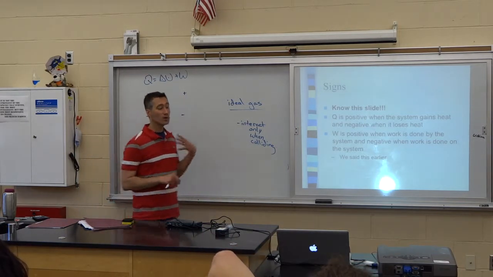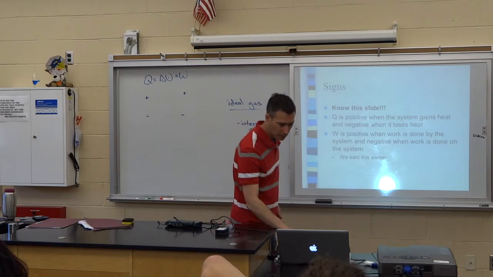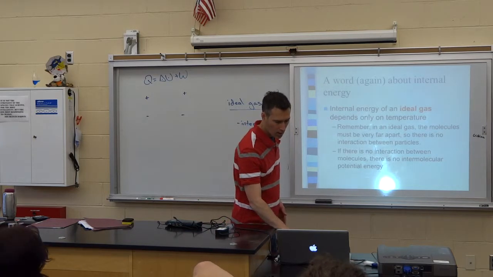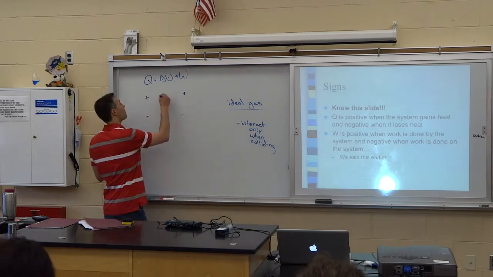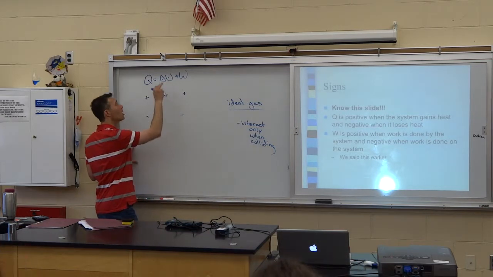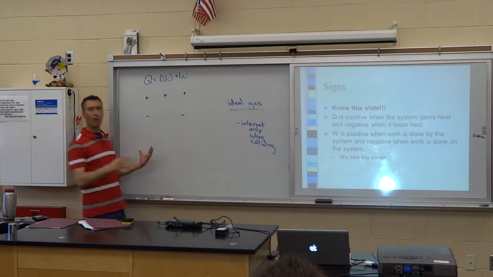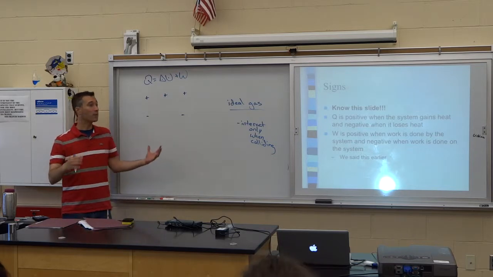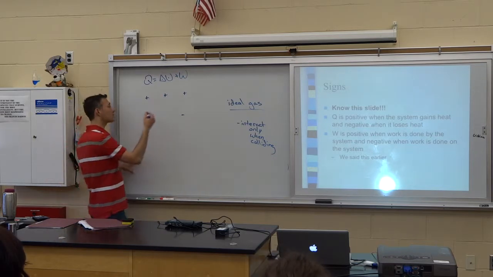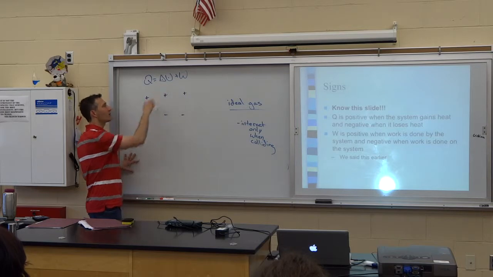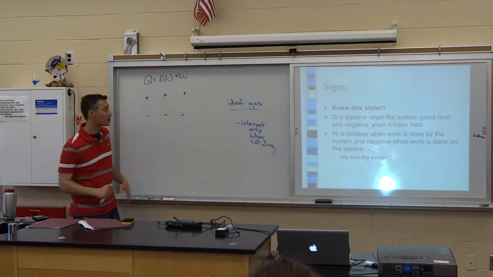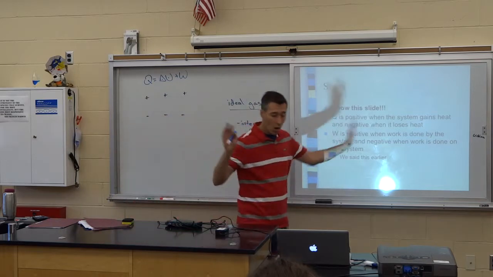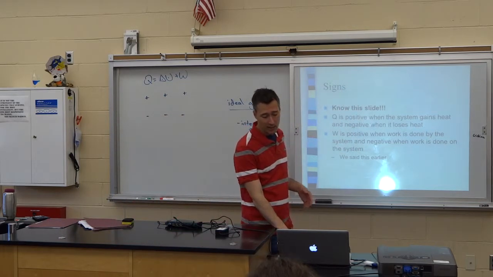So internal energy is the remaining one. A positive delta U means that the molecules will have more energy, higher temperature, if we're talking about an ideal gas. And a negative delta U means we are taking energy out of the molecules, so we're dropping their temperature. So know it, it's important, but it's also not that complicated.